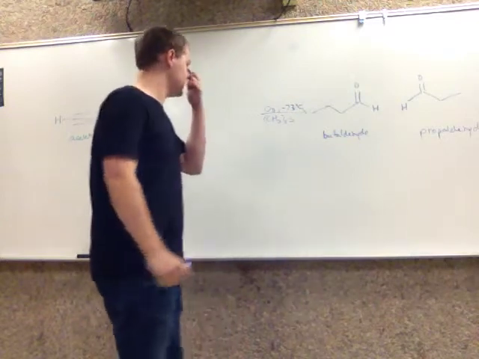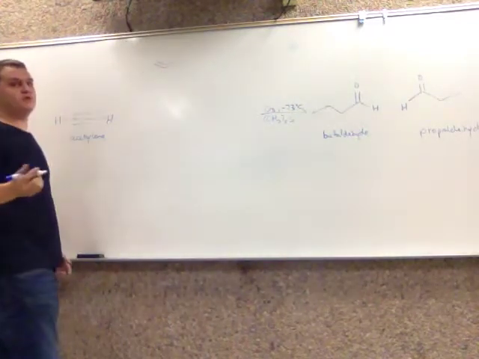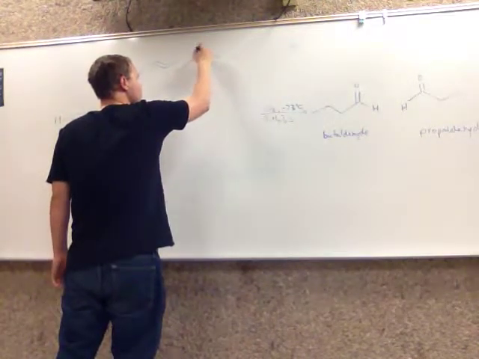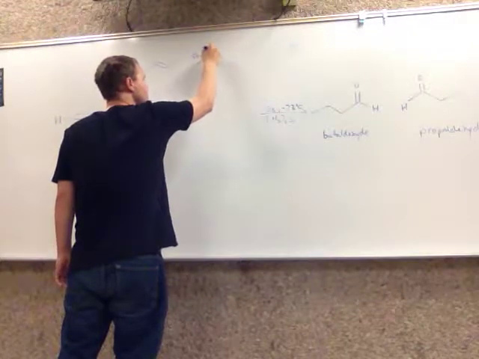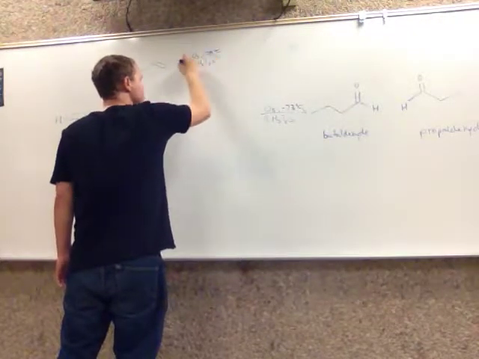So what ozonolysis does is if you have, let's say, 2-butene, you react that with O3 at negative 78 degrees C, and then the second step.